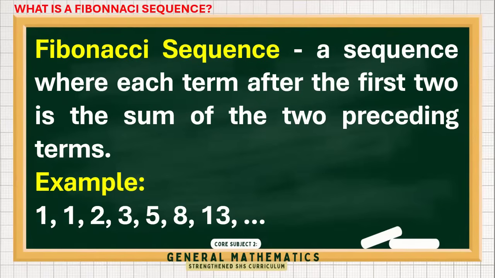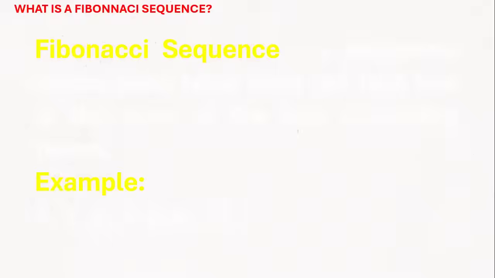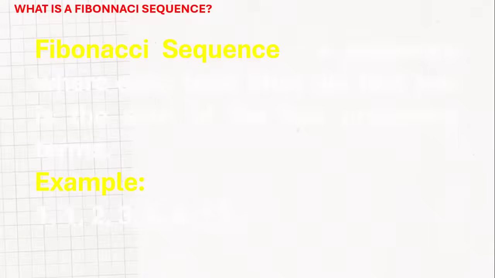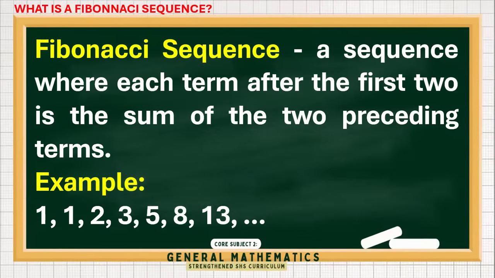Then we add 1 and 2, and we get the next term, which is 3. We add 2 and 3, and we get 5. We add 3 and 5, and we get 8. So in short, to get the next term, we simply add the two previous terms. 8 and 13, and the next term will be 21.